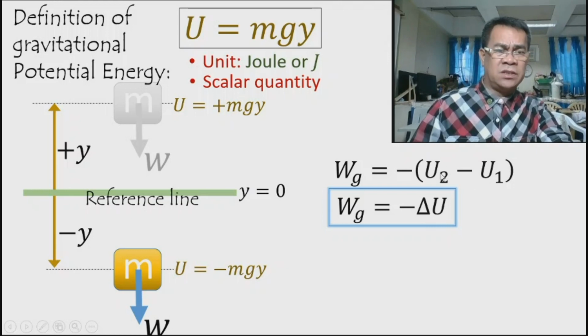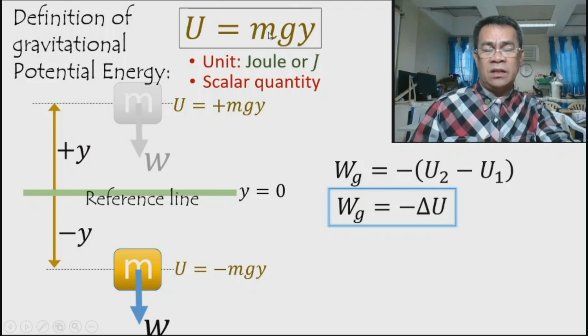Now, what is potential energy? Definition says it is mgy. So the requirement of producing work done by gravity is we need position 1 and position 2. And take note, we need the mass and we have gravity as the constant. Now remember, the position can be obtained only if we have the reference line.